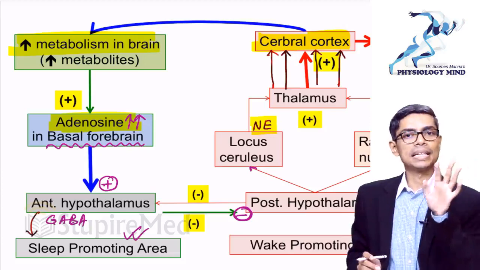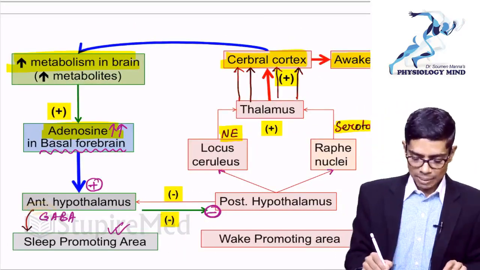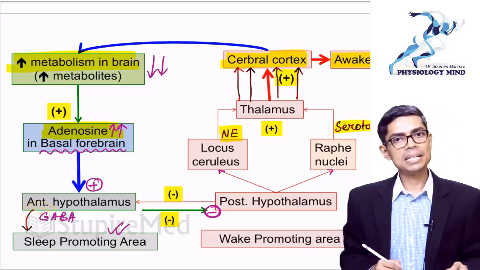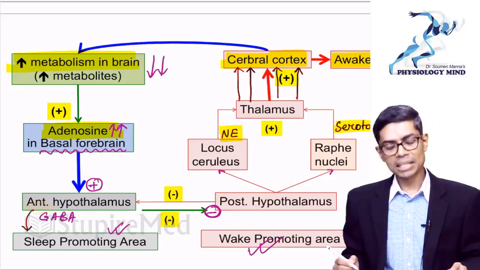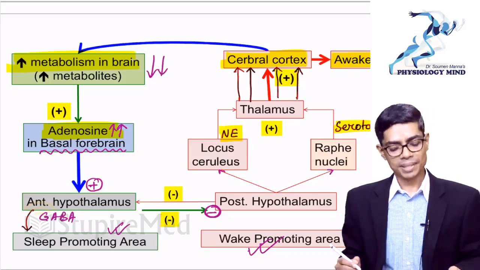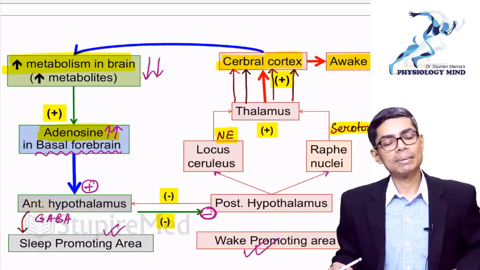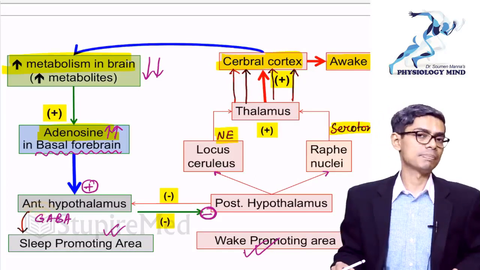And whenever you are getting sleep for 6 to 8 hours, again your metabolite level in the brain will decrease, again your wake promoting area will be active and the person will get awake again. This theory of sleep is known as metabolite theory of sleep.